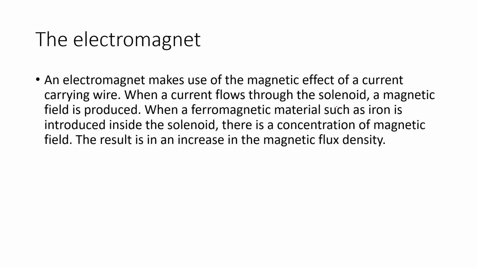So when we talk about electromagnets, as the word suggests, elect speaks to electricity, right? And through means of electricity, we can create a magnetic field. So this is basically what is happening.